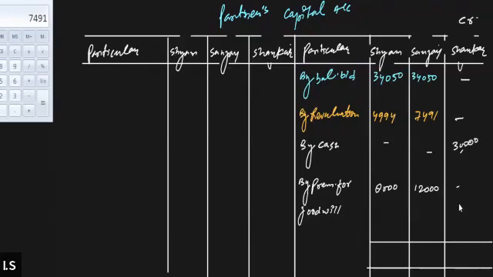So after totaling 34,050, 8,000 plus 4,994, we should get, just a minute, 47,044 and 53,541, and this will be 30,000.